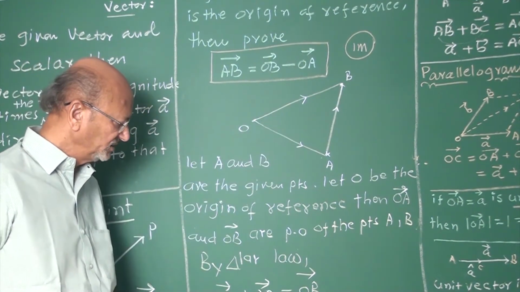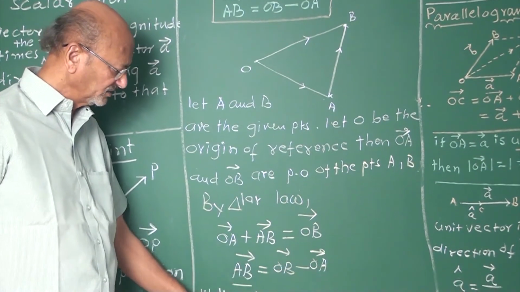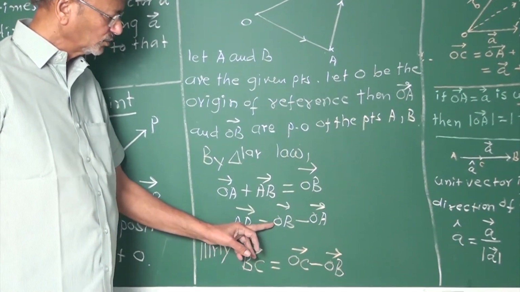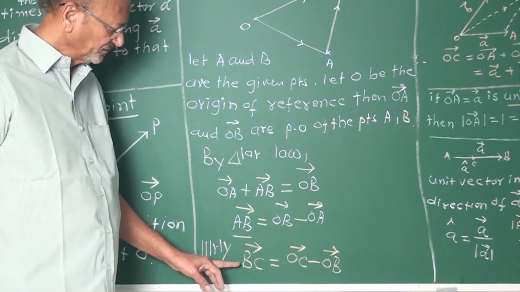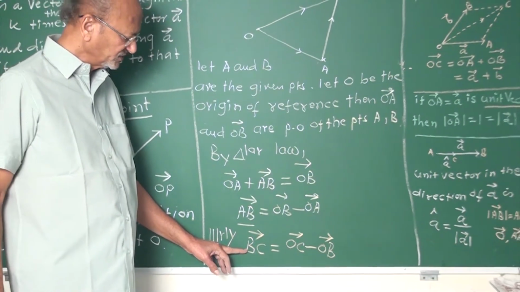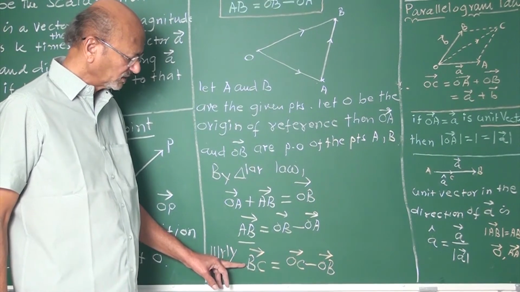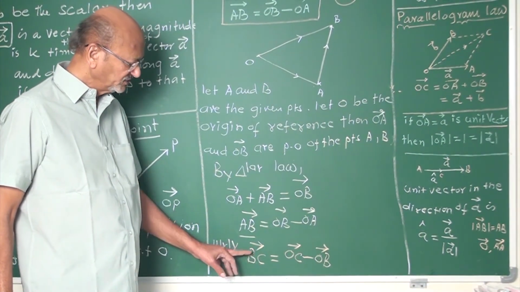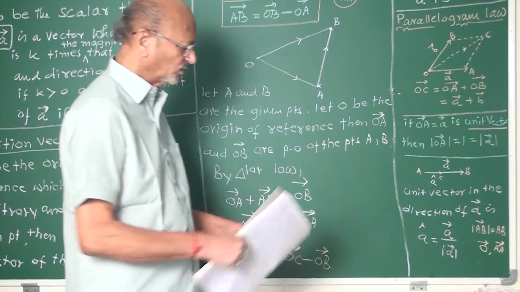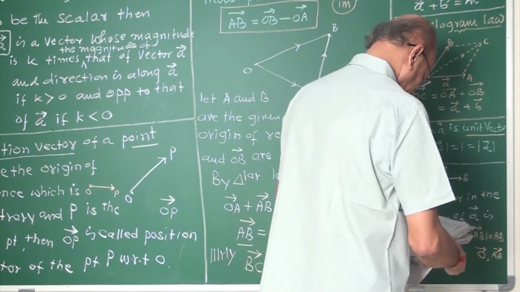Shifting OA to that side, AB equals OB minus OA. Therefore any vector can be expressed as the position vector of the second point minus the position vector of the first point. Second minus first. This is one useful result.